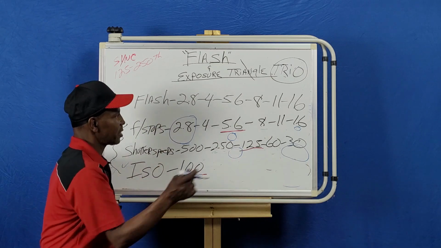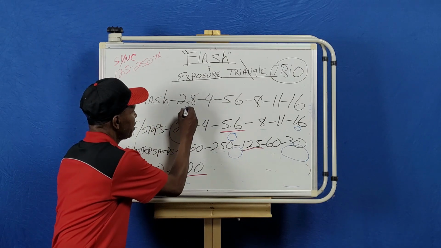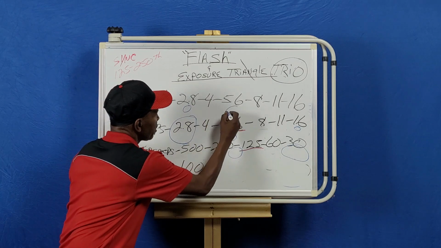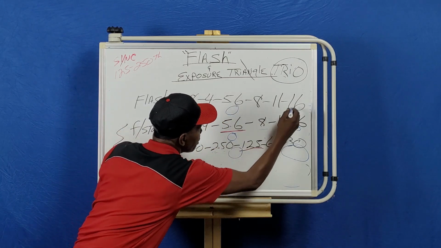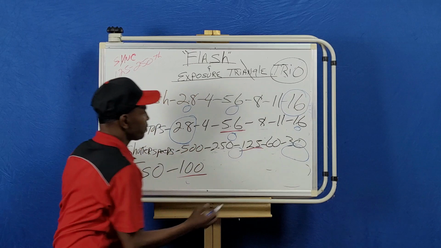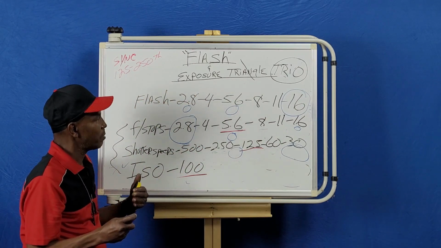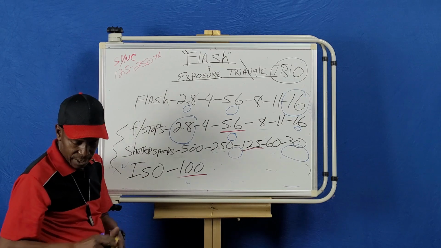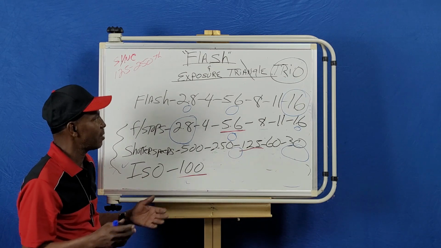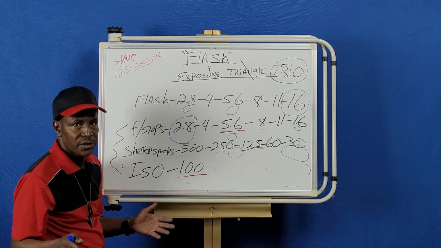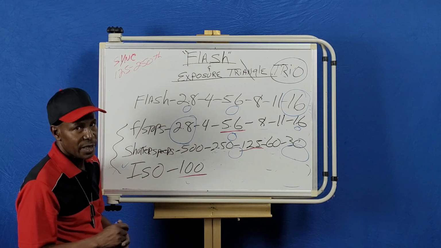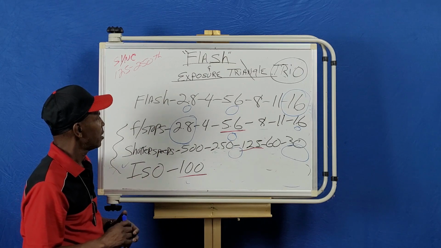All right, so let's look at the flash. Now, on the flash, it's going to be like this. So we're going to go here, we're going to get bigger, and then we're going to get bigger. So this is just one of the ways. There's more technical ways that I could explain it to you, but I found out teaching over 15 years at the college, this is just one of the easiest ways to explain it.